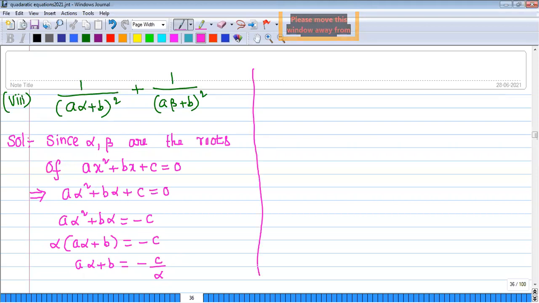Similarly, beta is also a root of ax square plus bx plus c equal to 0, so similarly A beta plus B equals minus C upon beta.